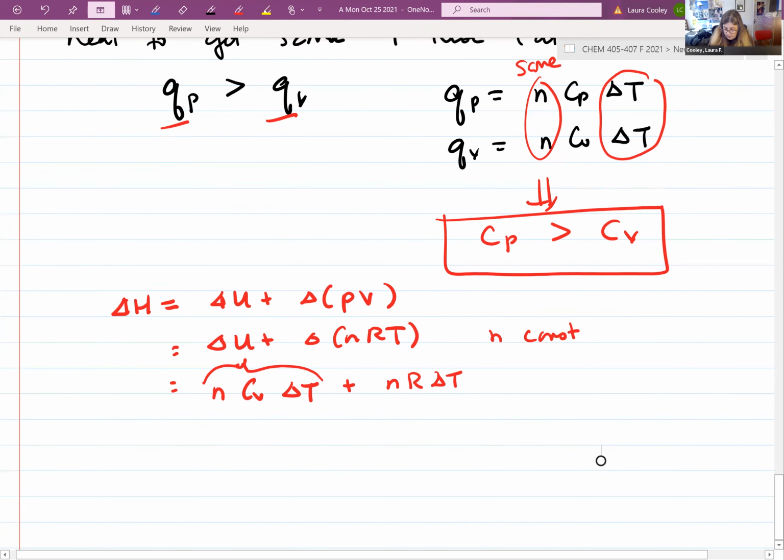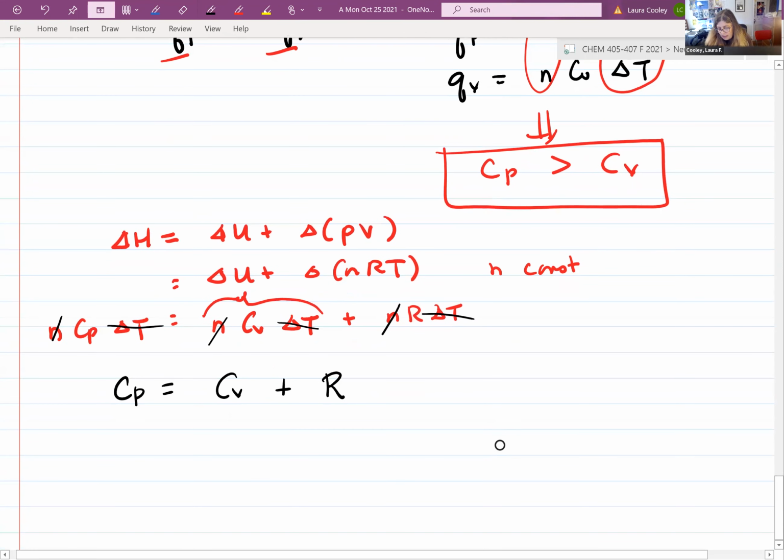I'm talking about heating, no change in moles. Oh, and delta H, of course, is nCP delta T. So if you look at this and you cancel the n's and you cancel the delta T's, you get CP equals CV plus R.